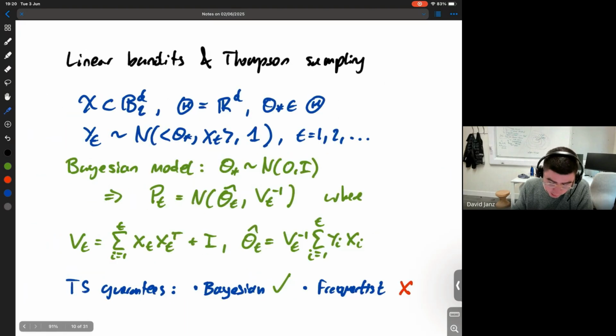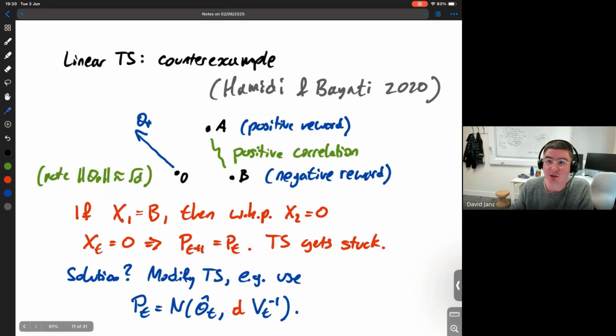If we have a look at the equations, our design matrix gets updated with the outer product of zeros, so it stays the same. And again, our mean estimate doesn't get updated. So you end up with an exponentially small chance of randomly ending up on A again. Each time nothing changes, so you're stuck, and you just repeatedly pick 0.